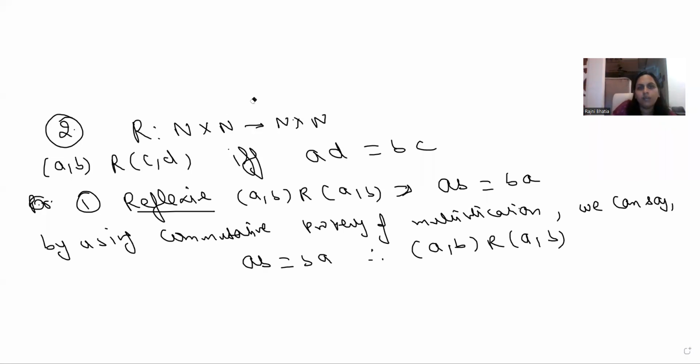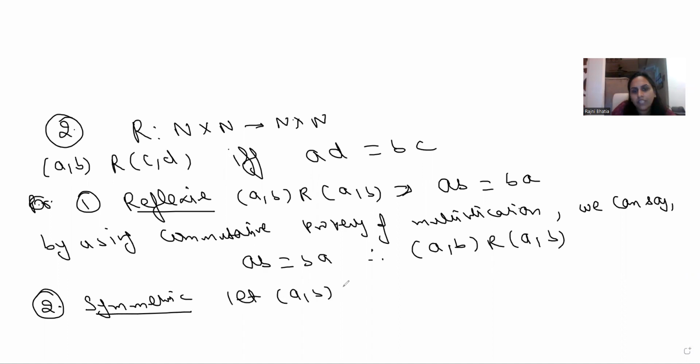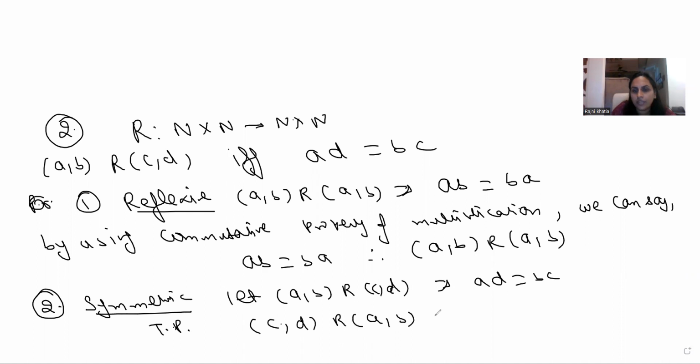Now for the symmetric part, we will write, let AB be related to CD. This means AD is equal to BC. And what do we need to prove for the relation to be symmetric? We need to prove that CD is related to AB. That is, exactly what do we need to prove?